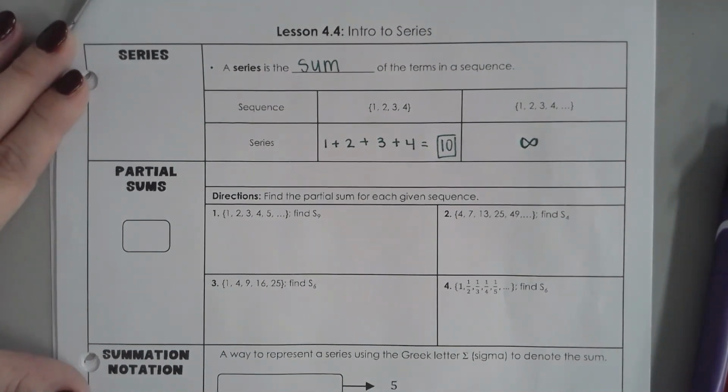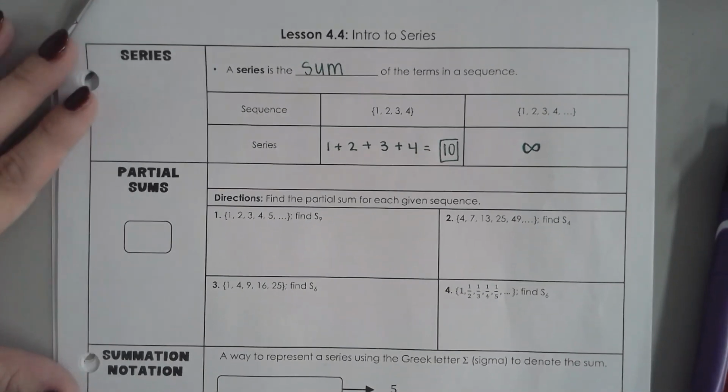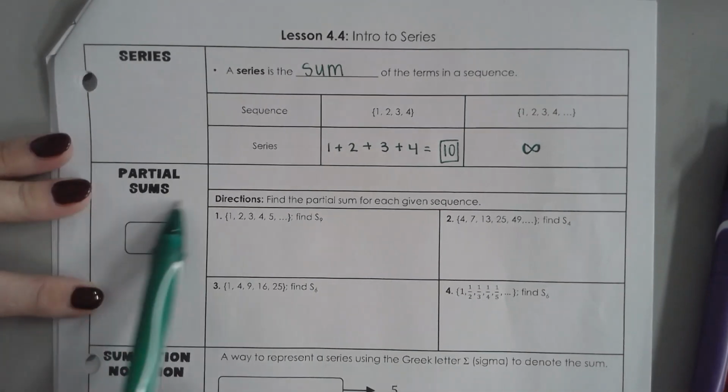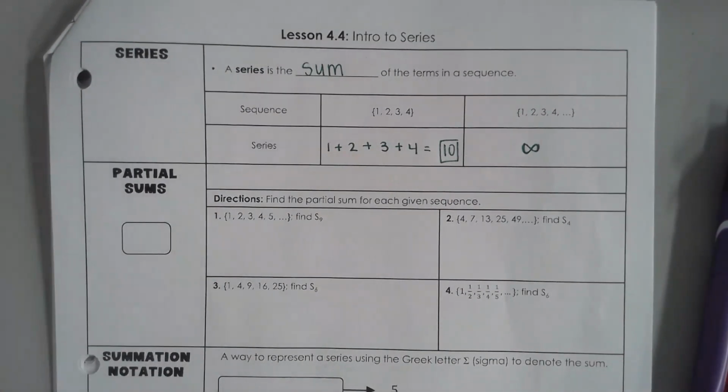So if you have a sequence that goes on forever, you really can't find the sum. It would just be infinity. So that's where what we call partial sums come into play. I will tell you how many terms you're going to add.